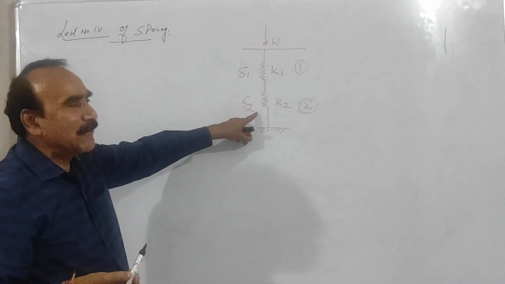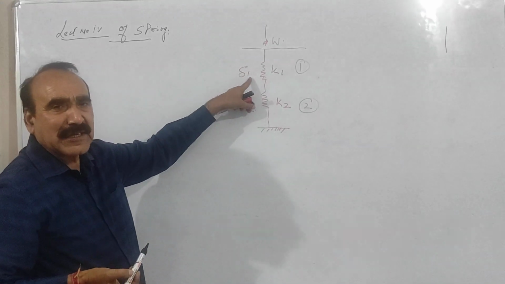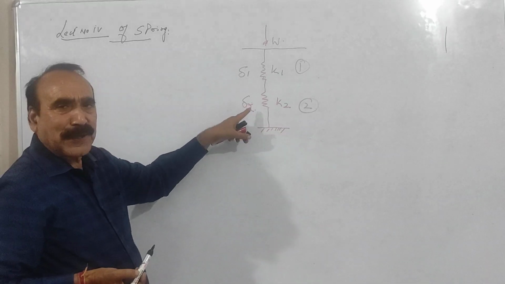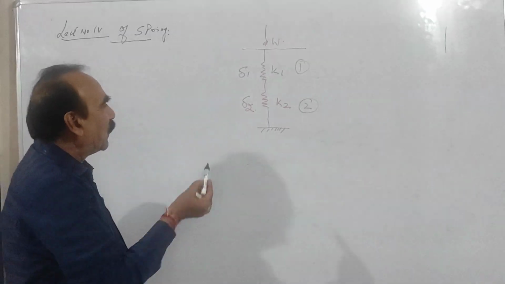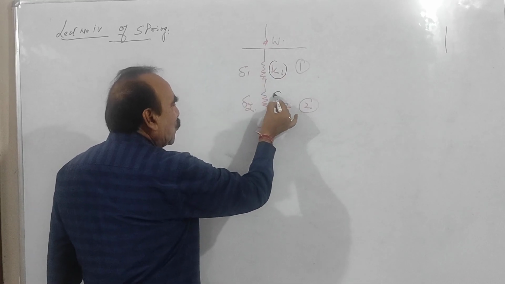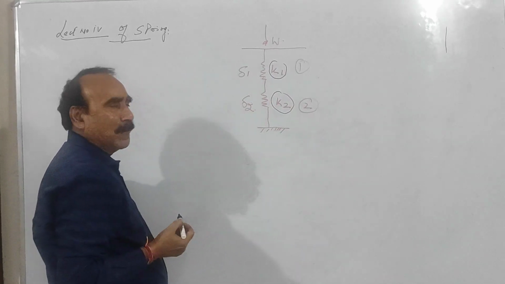The deflection of spring 1 is delta 1 and of spring 2 is delta 2, whereas K1 is the stiffness of spring 1 and K2 is the stiffness of spring 2.